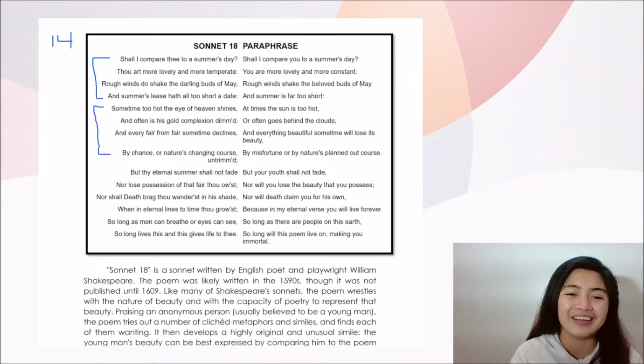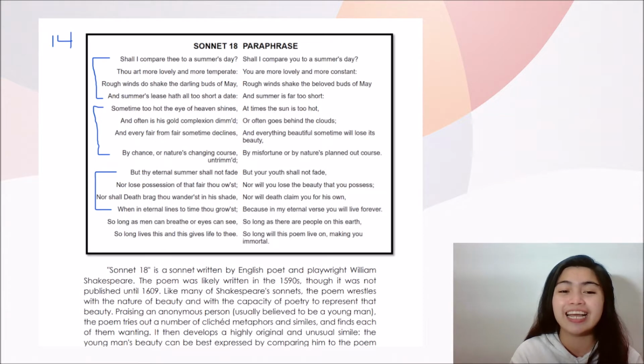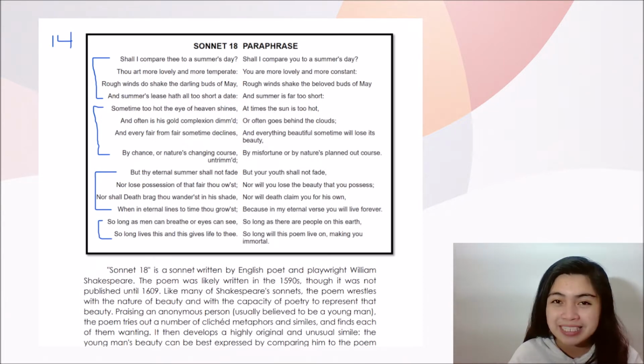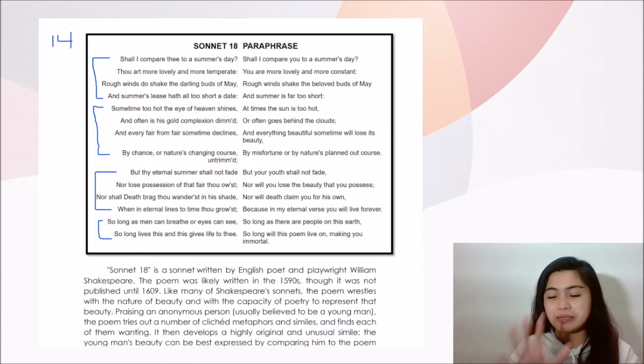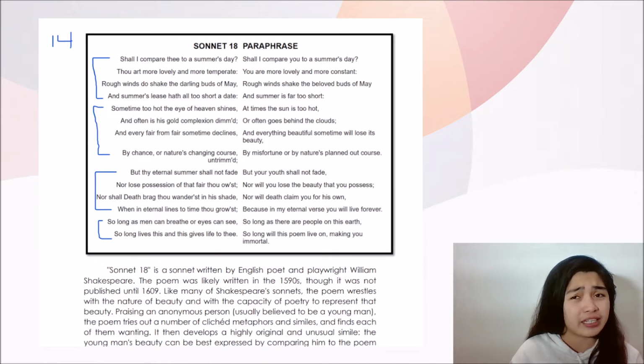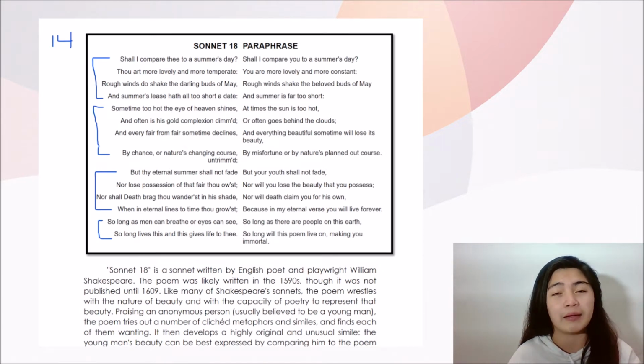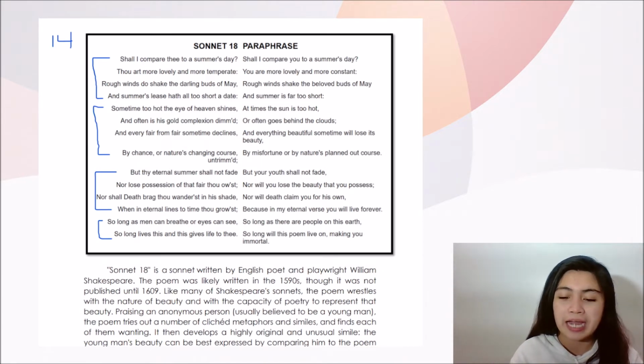Tama. 1, 2, 3, and 4, and a rhyming couplet. Ayan. So, ang rhyme scheme niya ay A, B, A, B, C, D, C, D, E, F, E, F, and G, G. Ayan yung rhyming scheme niya. And yung meter niya is the iambic pentameter, yung diniscuss ko last time.